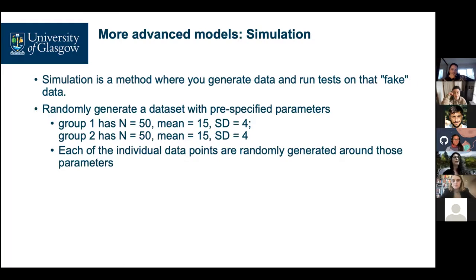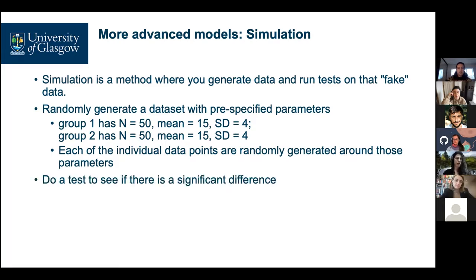So you can say, I'm going to create 50 random items that have a mean of 15 and a standard deviation of 4. And I will take a second group and I will also make that have the exact same parameters. So each of the individual points are randomly generated around those parameters, but item 1 in group 1 might be different from item 2, which will be different from item 3, different from person 4, and so on.